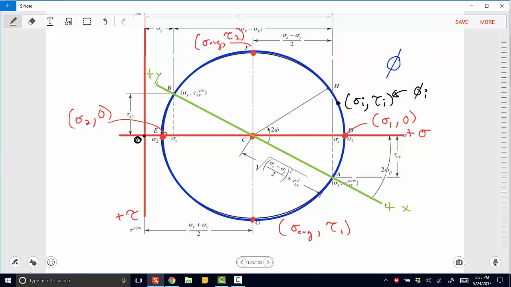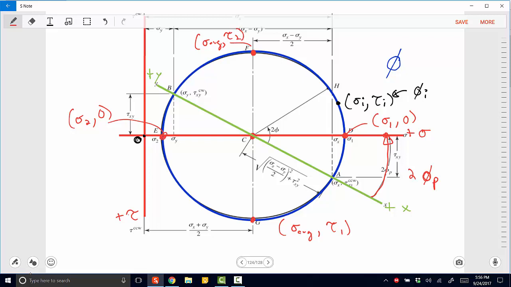And if we understand that this line represents our original coordinate system, then we can actually find that if we go from our original coordinate system and we cut by 2 phi p, we can find our principal stresses, our principal stress orientation, right? Remembering that every point around this circle is associated with the value of phi.